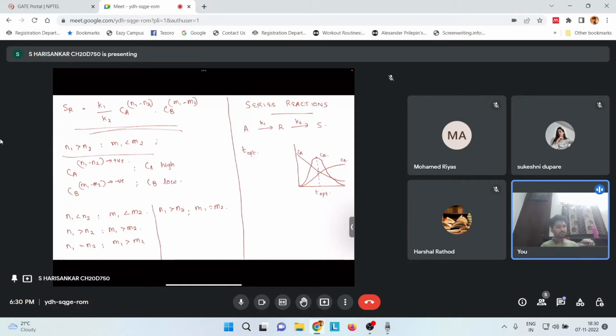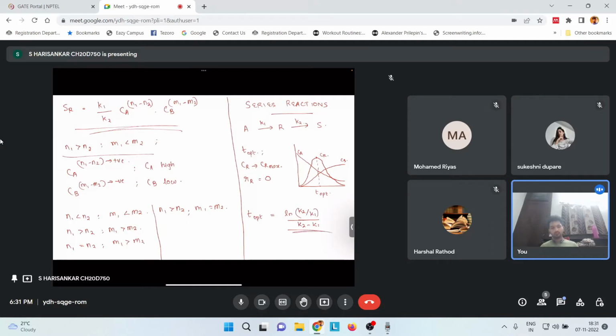So this is t optimum, and at t optimum CR will be CR max, and since the concentration of R is maximum at t optimum, the rate of R will be 0 at t optimum. Okay, and we have also learned equations for t optimum. So t optimum is equal to ln(k2 by k1) by (k2 minus k1), right?